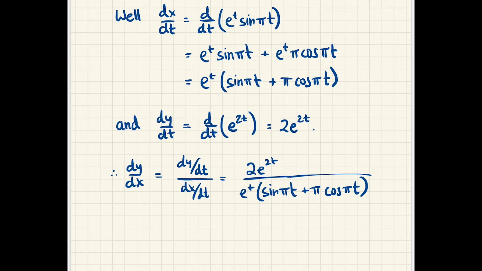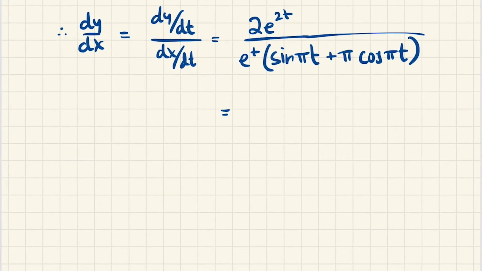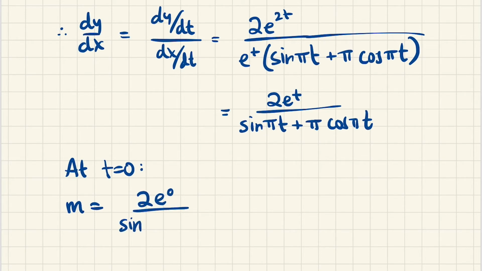Oh, well, I'm glad we factored that e to the t after all, because a little bit of cancellation occurs. And we get 2e to the t over just the trigonometric part. Okay, so remember we wanted the derivative at 0. That's what m is, right? So at t equal to 0, we have our m value, which is going to be 2 times e to the 0 over sine of pi times 0 plus pi cosine of pi times 0.